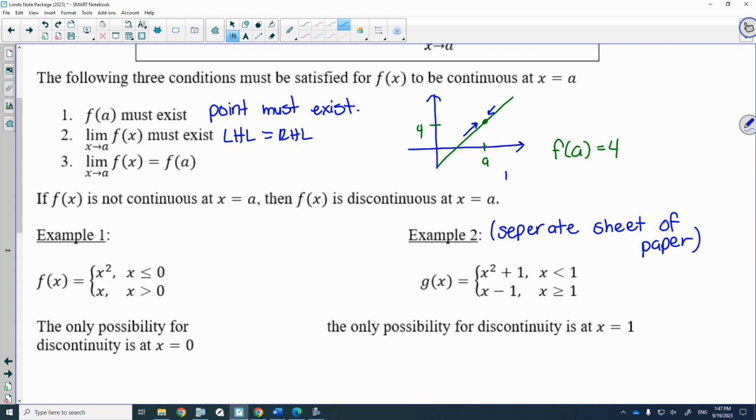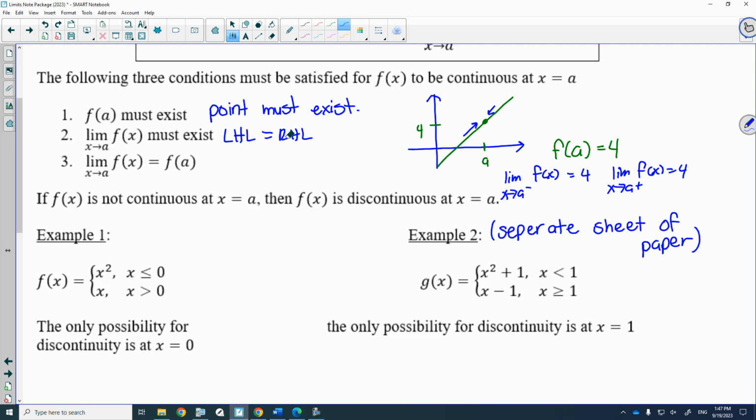I'd say the limit as x approaches a from the left of f of x is equal to 4. The limit as x approaches a from the right of f of x is equal to 4. Because the left-hand limit equals the right-hand limit, the limit exists, and the limit as x approaches a is equal to 4.